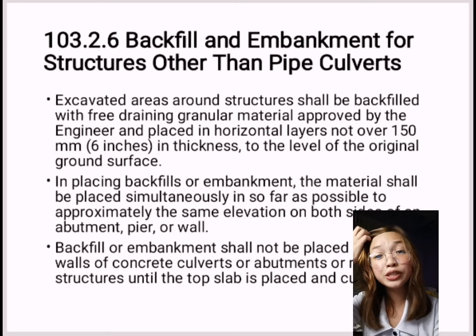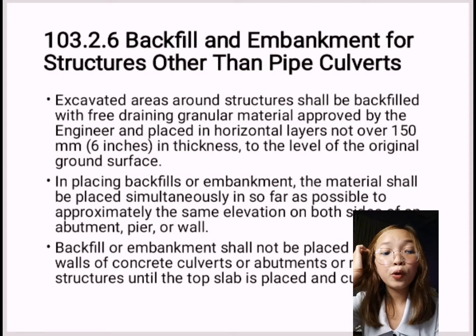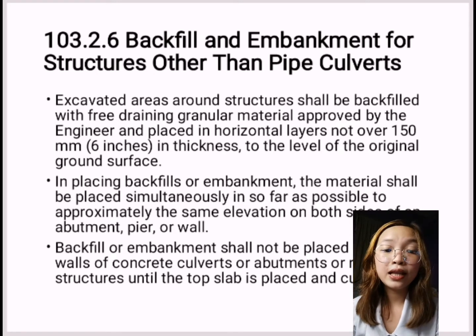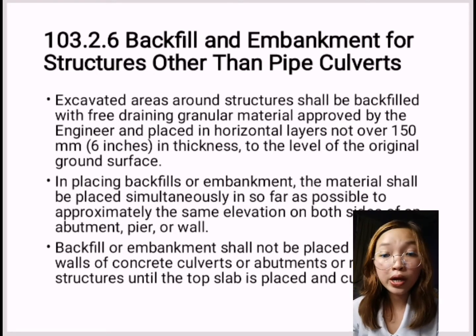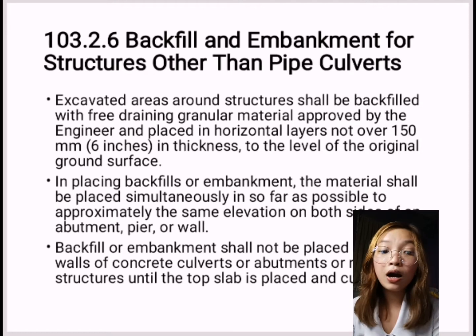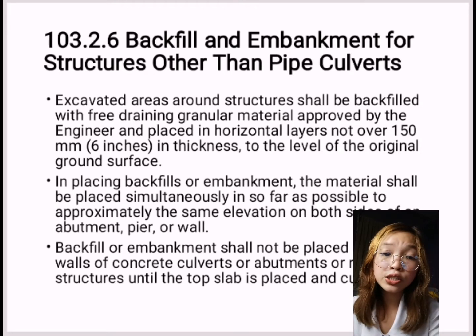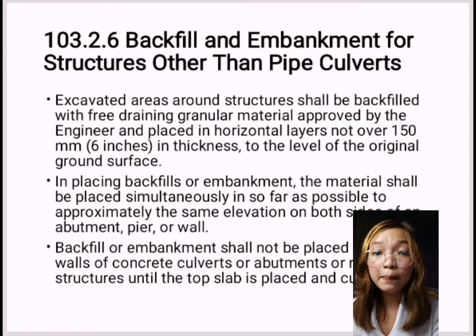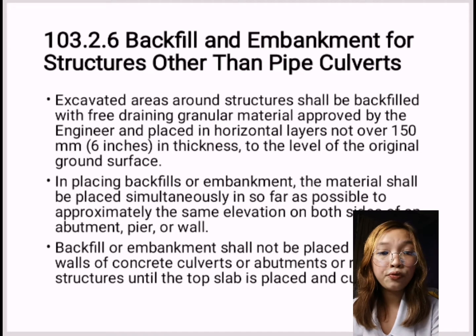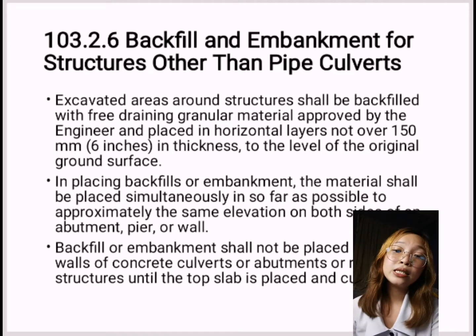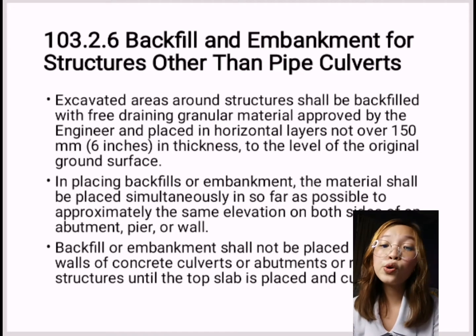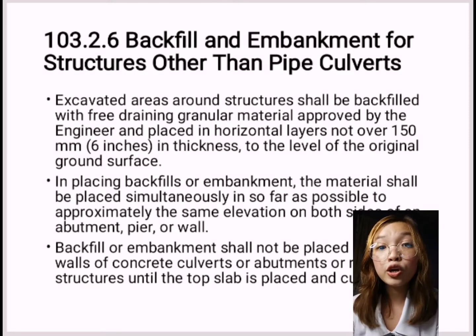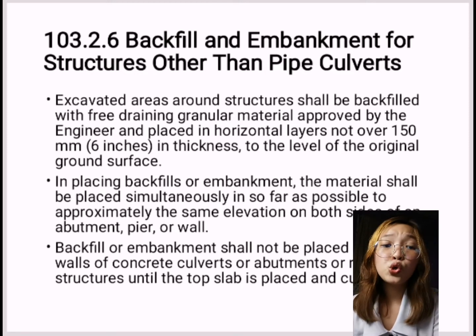So next, let's proceed to item 2.6, which is the backfill and embankment for structures other than pipe culverts. So excavated areas around structures shall be backfilled with free draining granular material approved by the engineer and placed in horizontal layers not over 150 millimeters or 6 inches in thickness to the level of the original ground surface.